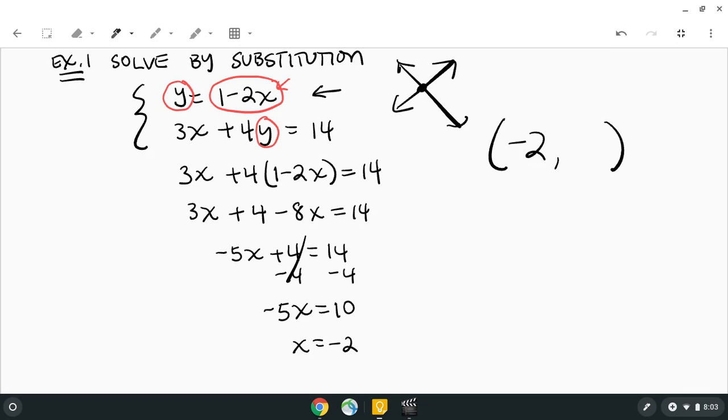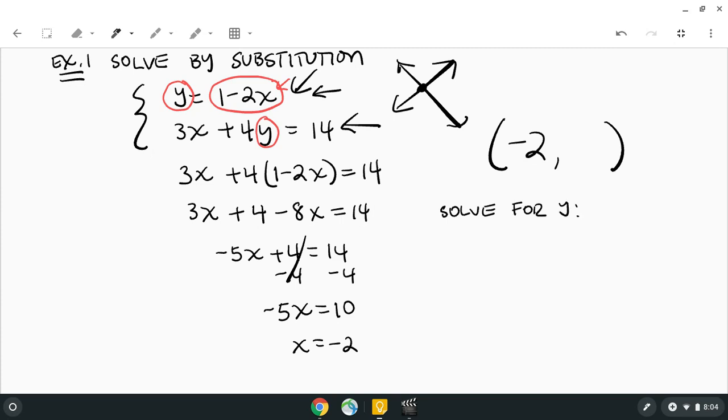I need y, so you can choose this one or you can choose this one. It doesn't matter which one you substitute that -2 into. I'm going to choose that first equation and solve for y.